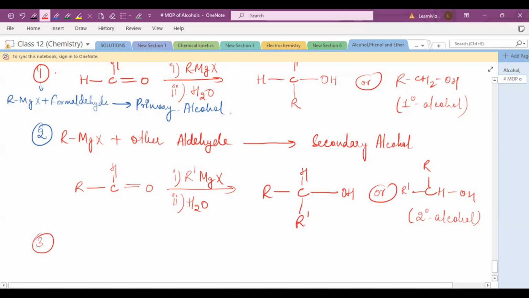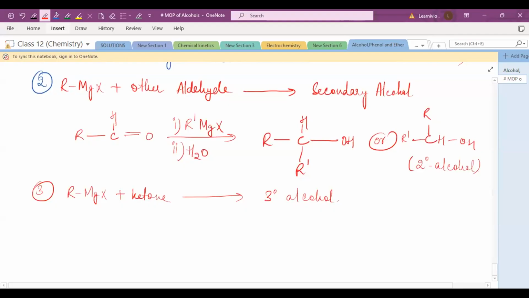जब आप कीटोन को treat कराते हो Grignard reagent में. So suppose if we take the Grignard reagent RMgX, when you treat it with ketone, so you will get the tertiary alcohol. See how?